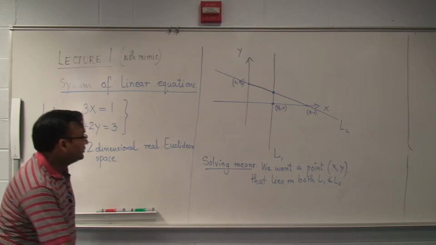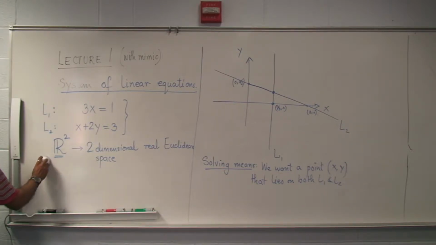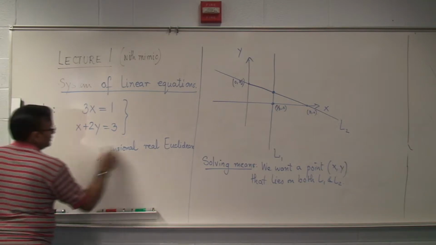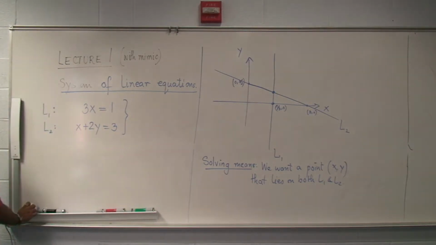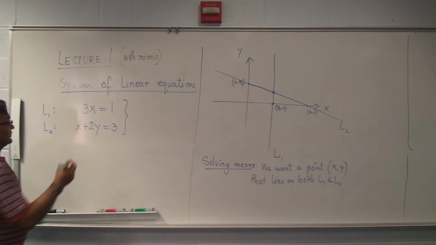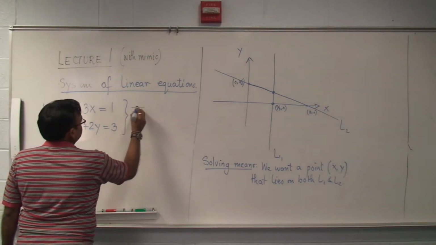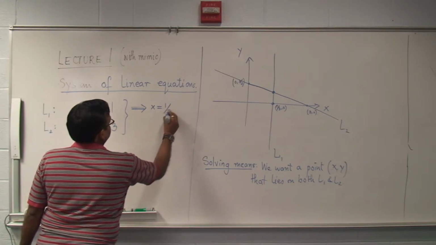So let's give a shot at solving it, and then we'll try to understand more about lines in two-dimensional spaces or three-dimensional spaces. So the question is, how do I solve it? Well, one thing is clear, that the first equation forces that no matter what we do, x must be 1/3.